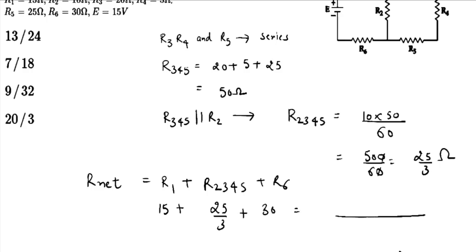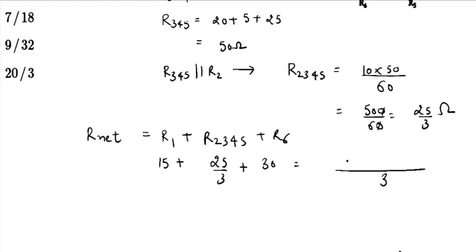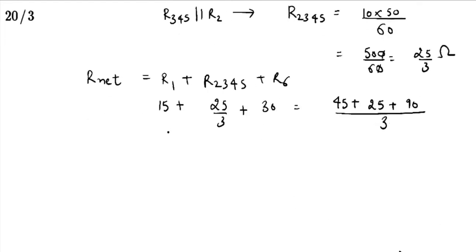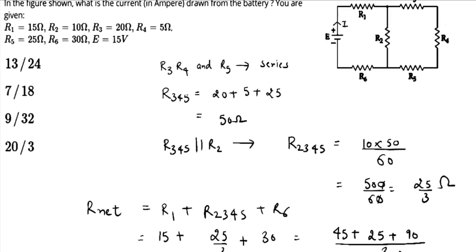On solving by taking LCM of 3, we get 45, 25 and 90. So R net is 70 plus 90 divided by 3, which is 160 divided by 3 ohm. Hence R net is 160 divided by 3 ohm.